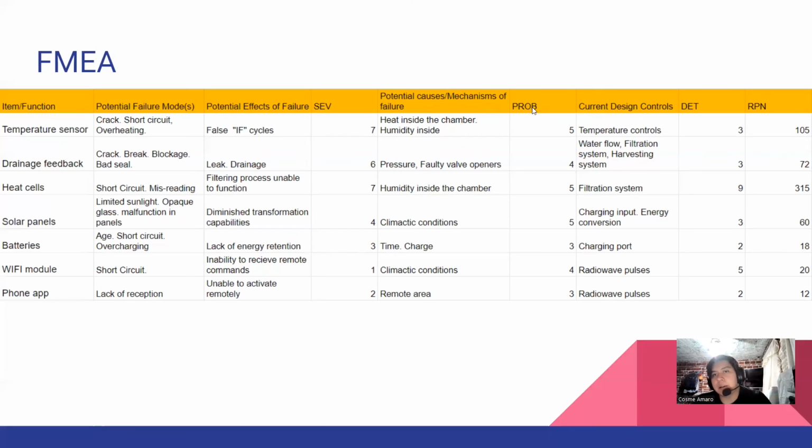Then the current design controls, or what we have now, and with different scales we could determine the RPN, a number obtained by multiplying these three indicators. It's basically a number that helps us know whether what we are doing is correct or not.